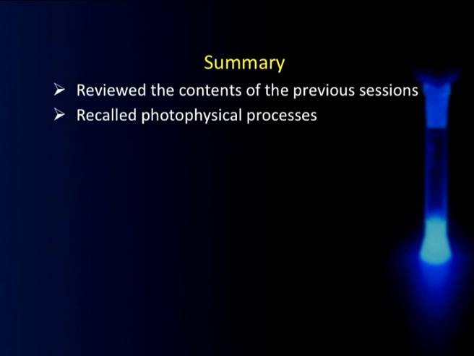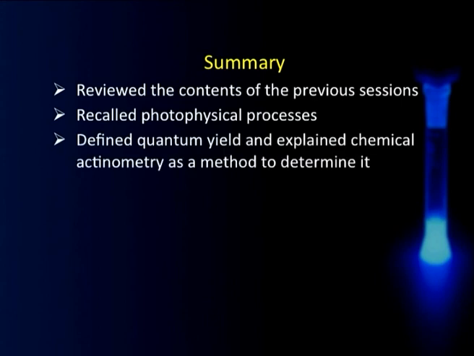Now, it is time to sum up what we have done today. We started by briefly reviewing the contents of previous sessions. Thereafter, we recalled photophysical processes, and then moved on to defining quantum yield and explained chemical actinometry as a method to determine quantum yield or quantum efficiency.